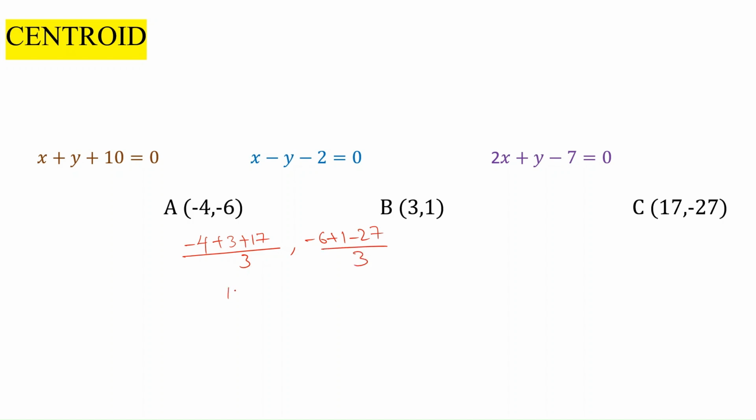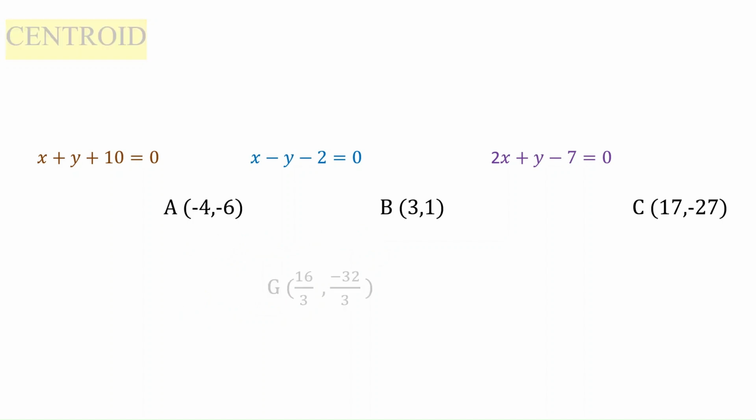On simplifying this, it is 16 upon 3, comma, minus 32 upon 3. This is the value for the centroid. Centroid is represented using Z. Z is 16 upon 3, comma, minus 32 upon 3.